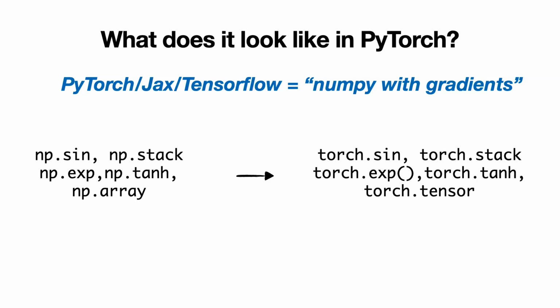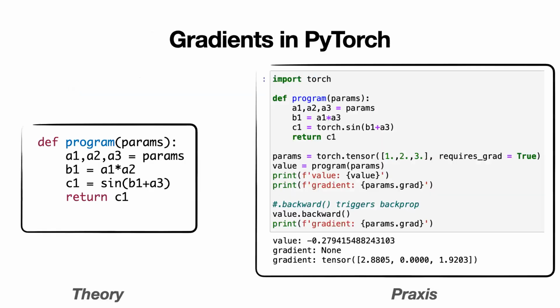What's a little bit annoying is that sometimes the function names are slightly different. And this is one of the nice things with JAX: JAX tries to be a drop-in replacement for NumPy, whereas in Torch, sometimes instead of concatenate, it's called cat and so on. So sometimes you need to take a little bit of care, but generally, if you can write an array-level program in NumPy, you can probably write it in something like PyTorch or JAX or TensorFlow.